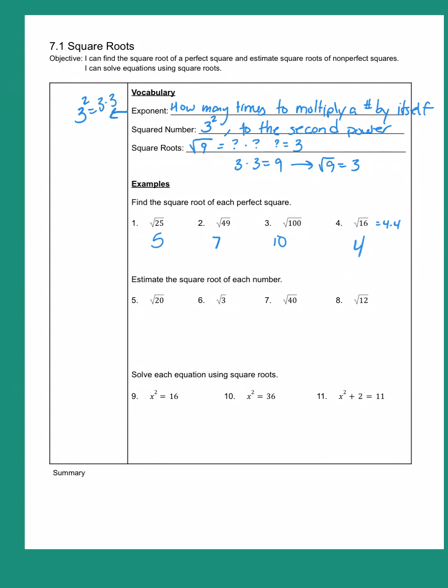Now we're going to estimate. So this one's a little bit harder. On the left-hand side here, I'm going to make a list of all my perfect squares. Starting with, I guess I'll do 1. 1 squared is 1. 2 squared means 2 times 2. 3 squared, so 3 times 3. 4 squared, 4 times 4.